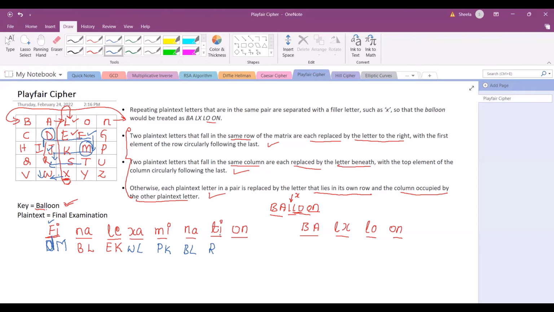And for I, the row of I and the column of T, so here it is M. And next is ON. ON falls in the same row, as we can observe. So for O, the letter to its right is N, and for N, the letter to its right is a circular shift, which is B. So here the ciphertext is NB.